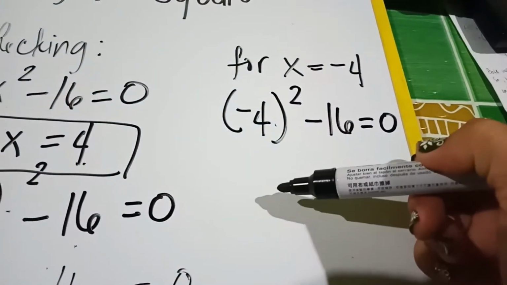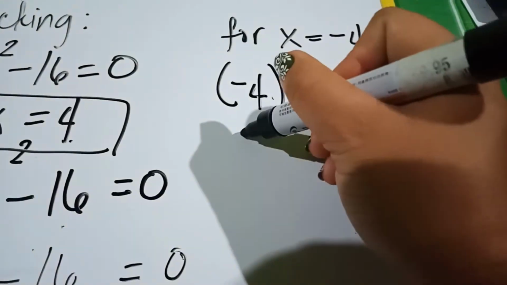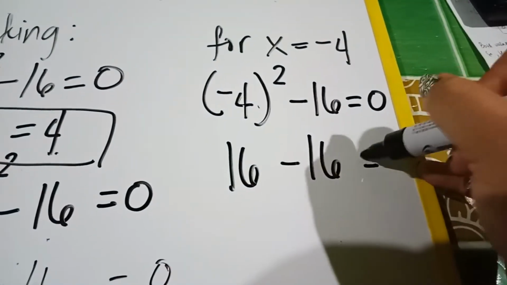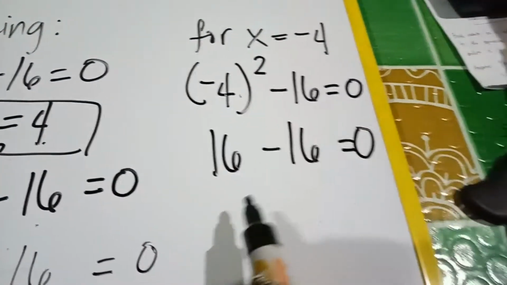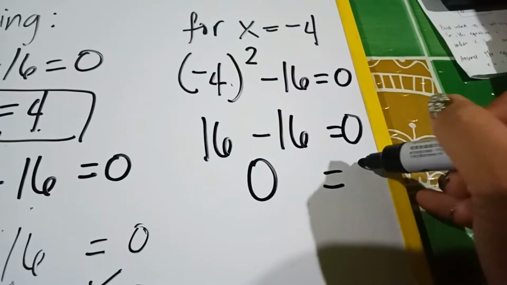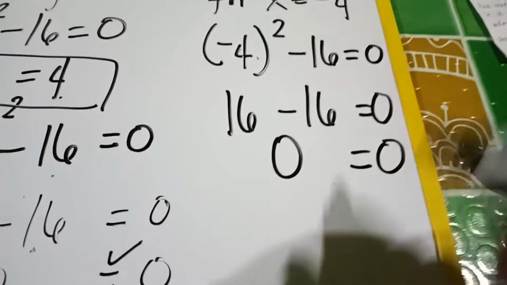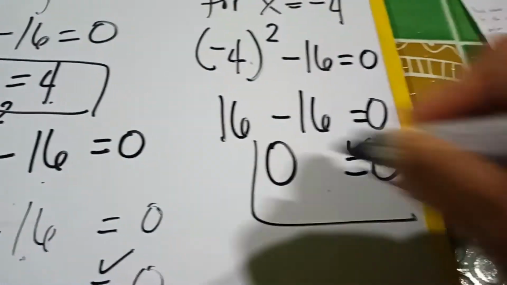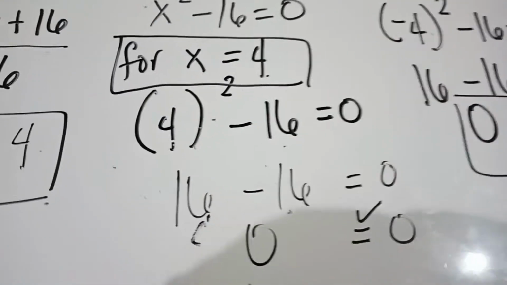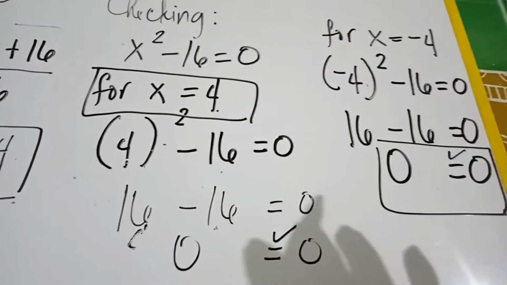Negative 4 squared. Negative 4 times negative 4, that is positive 16. Minus 16 is equal to 0. 16 minus 16, 0 is equal to 0. Is 0 equal to 0? Yes. So therefore, negative 4 is part of the solution. So both values of x satisfy the given equation.